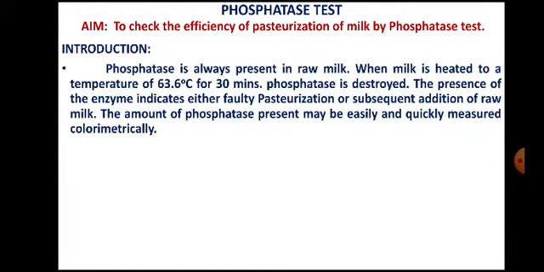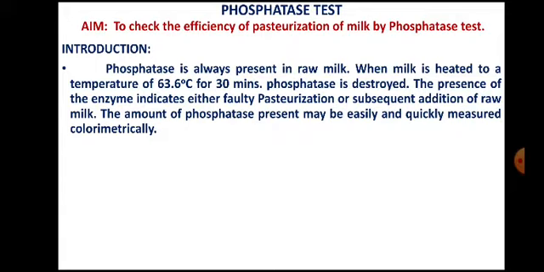Phosphatase, what is it? It is an enzyme, and this enzyme is naturally present in living cells. That means it is naturally present in raw milk, as a secretion of udder cells of milking animals.